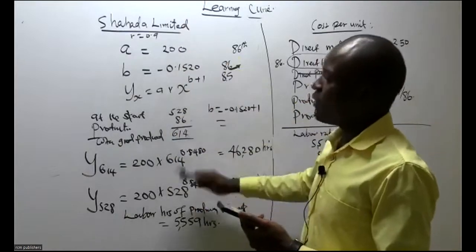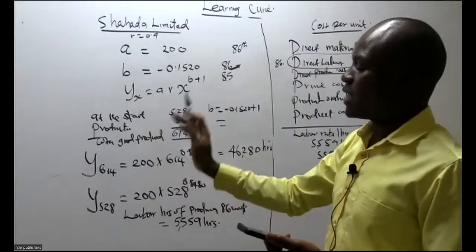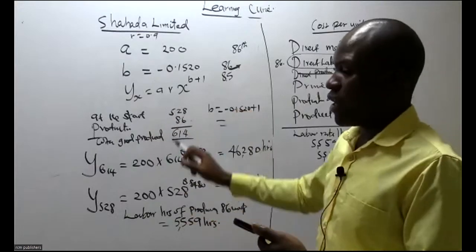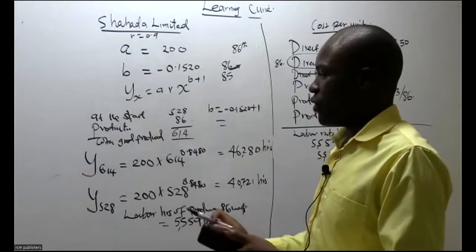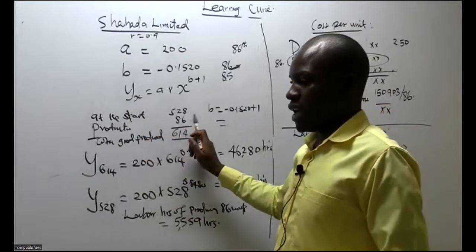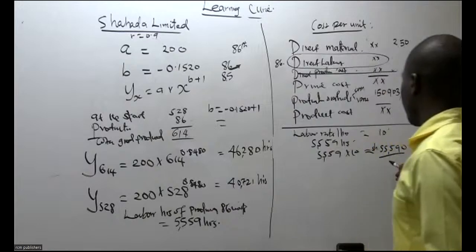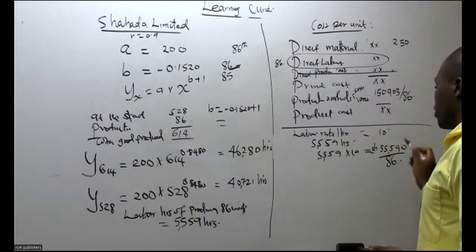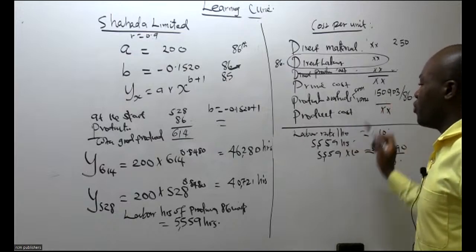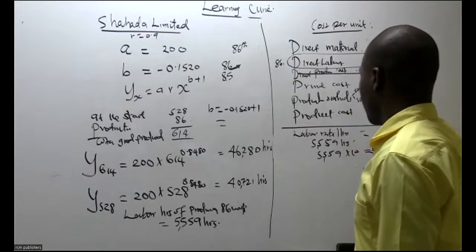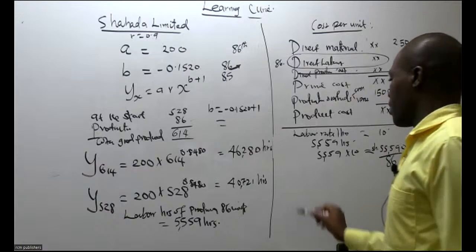Remember all this data is for the previous period. At the start of that previous period they had 528. During the period, they managed to produce 86. So it is 86 units that were produced in that period. What was the average labor cost per unit?